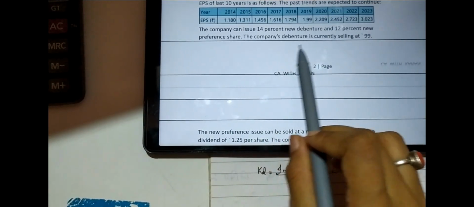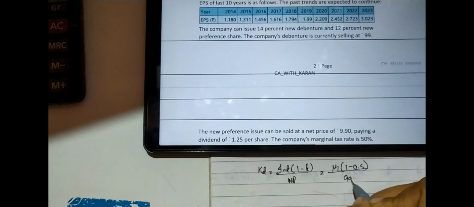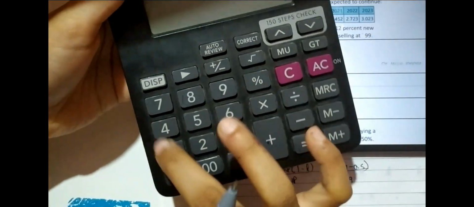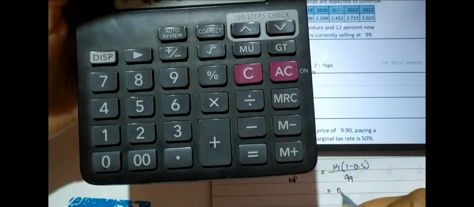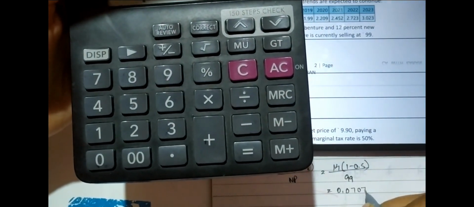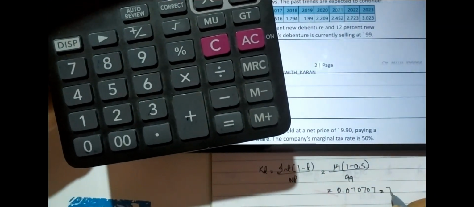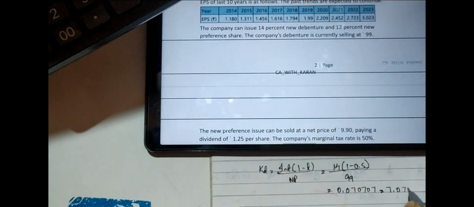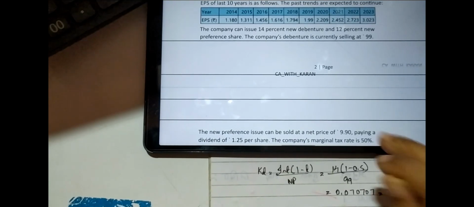They have given that the company's debentures are currently selling at 99. So 14 into 0.5 divided by 99. So the KD is 0.070707, or 7.070707%. Okay, so we are done with the first question.